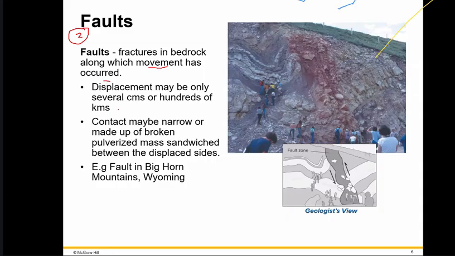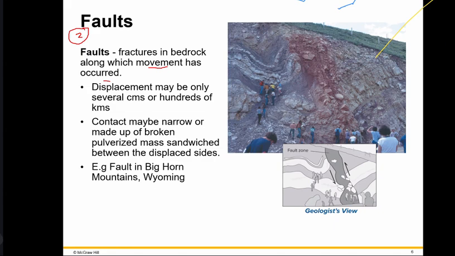Each fault is unique because they can be displaced by just a little distance or by several kilometers. The contact may be narrow or may be made of broken, pulverized mass sandwiched between the displaced sides.